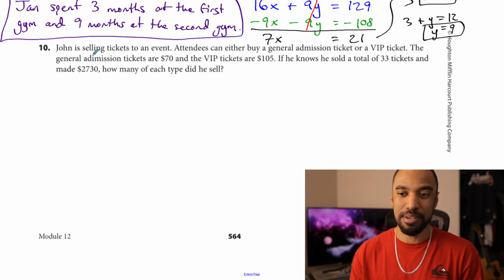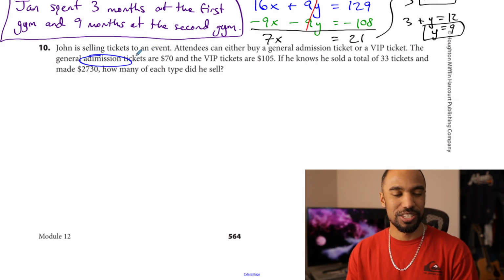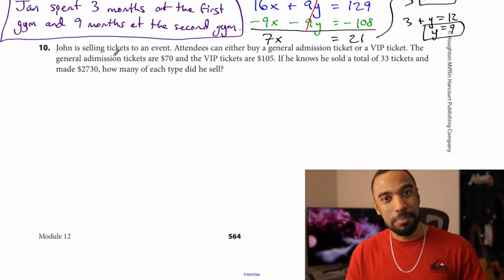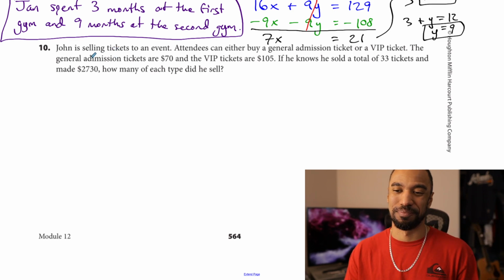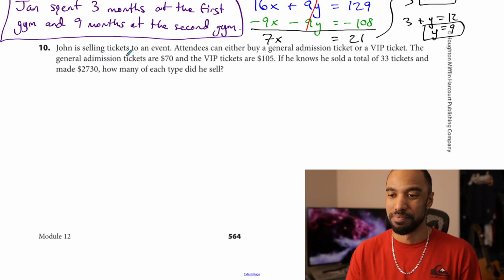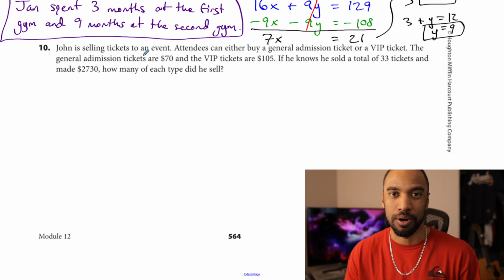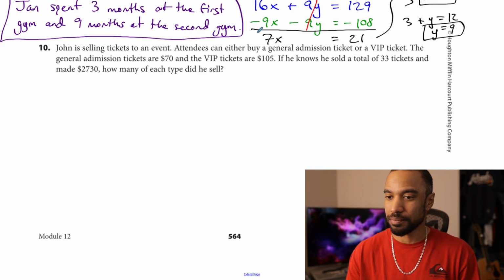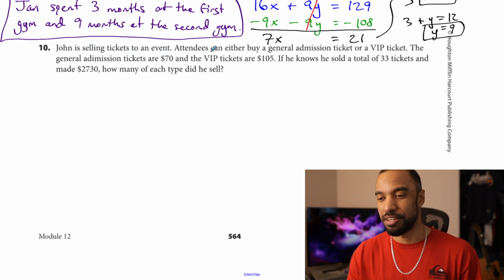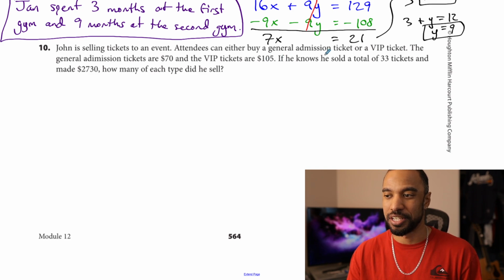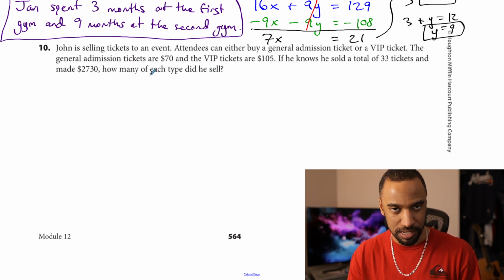Same misspelling of admission, so this book is a copy and paste job, straight up. This is from a textbook. The general admission tickets are $70 and the VIP tickets are $105. If he sold a total of 33 tickets and made $2,730, how many of each type did he sell?